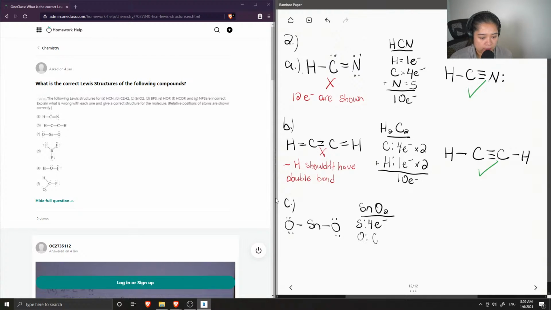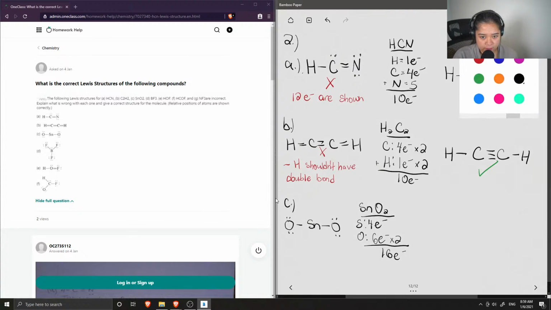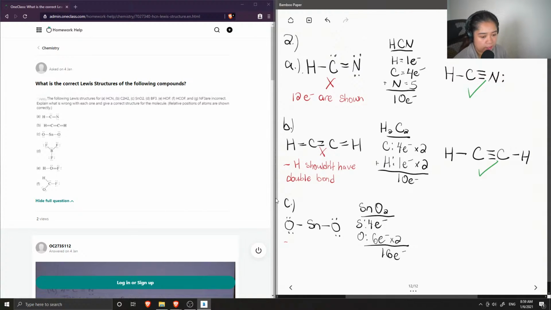For oxygens, it'll be 6 times 2. So that leaves us with 12, 13, 14, 15, 16. So we need 16.